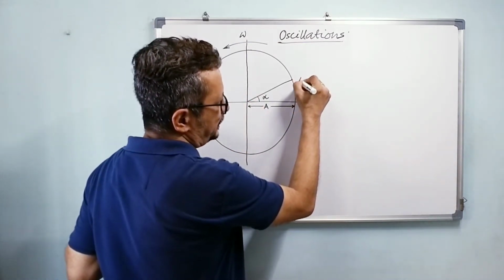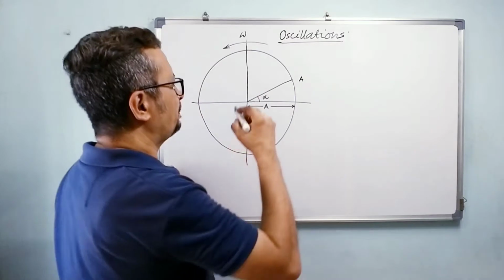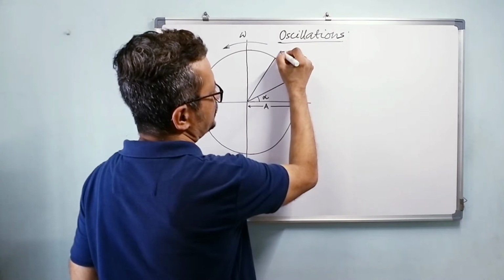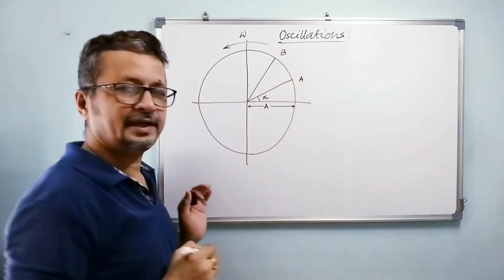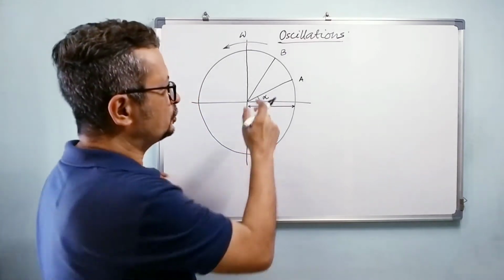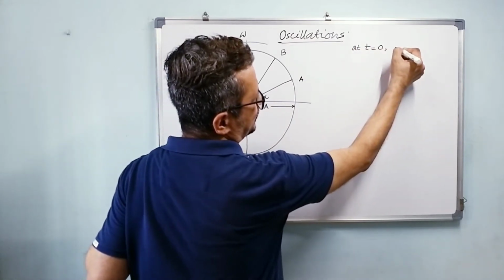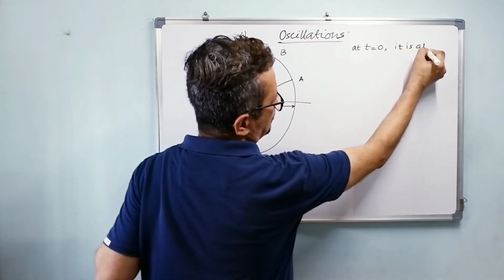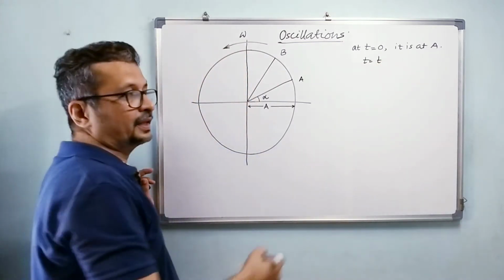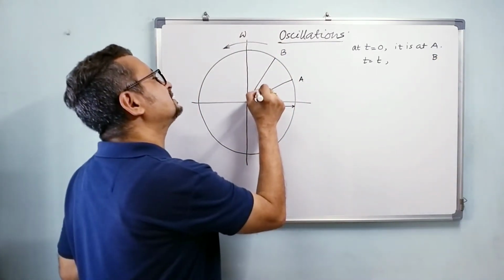Let us call this position A. Now this particle, as it is performing circular motion, moves to this position. Let us call this position B here, correct? And that happens in time t, small t. So at t equal to 0, it is at A, and at t equal to t seconds, it is at B. Now this angle described here is theta.